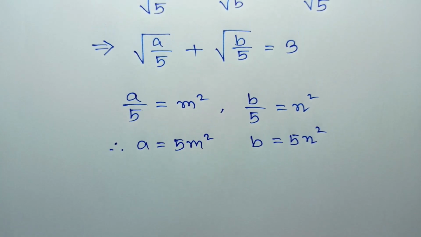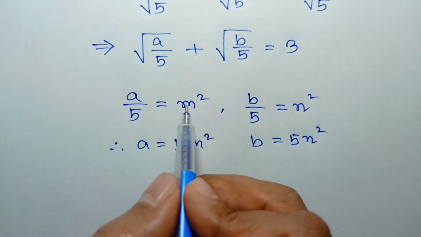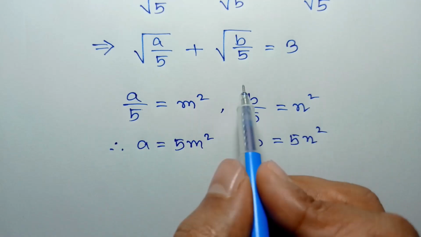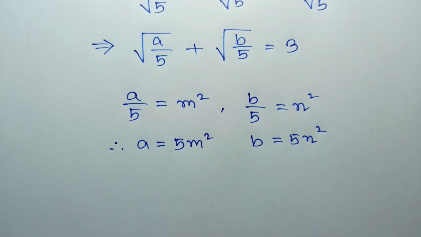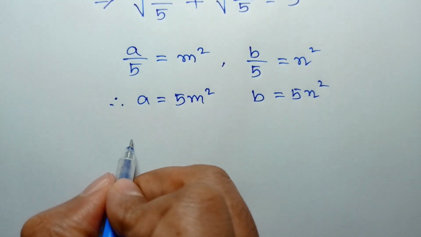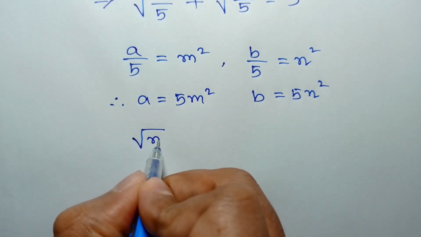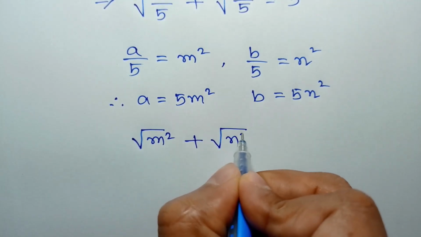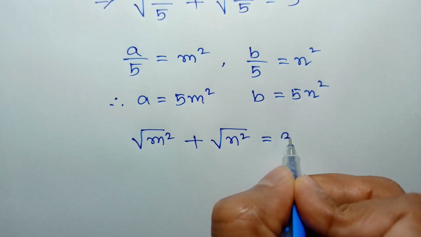Now substituting a over 5 is equal to m square and b over 5 is equal to n square, this equation will be square root of m square plus square root of n square is equal to 3.